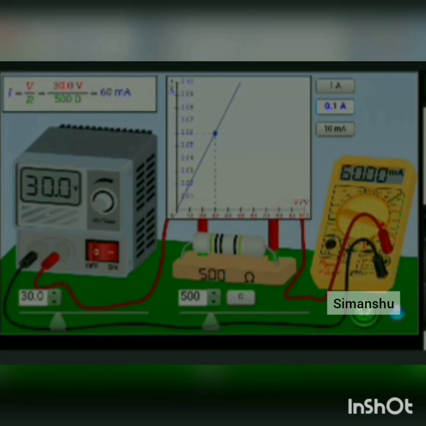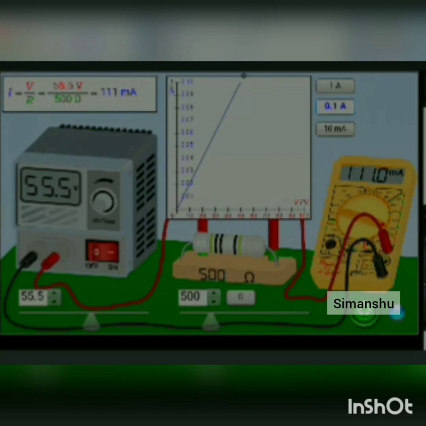So the topmost value is showing you the ratio of V upon R. We got 60 milliampere when voltage is 30. As we said earlier, the more the voltage, the more the flow of current. So I am going to increase the voltage from the voltmeter. See it carefully. Now the voltage is 55.5 volt. You can see on the ammeter it is 111.